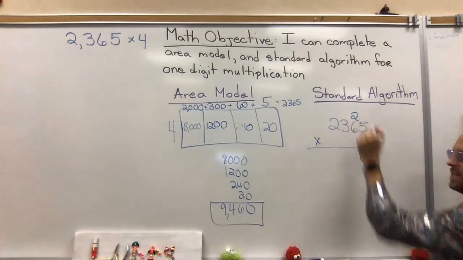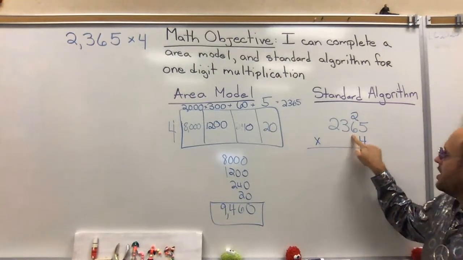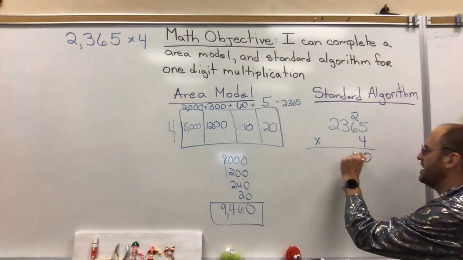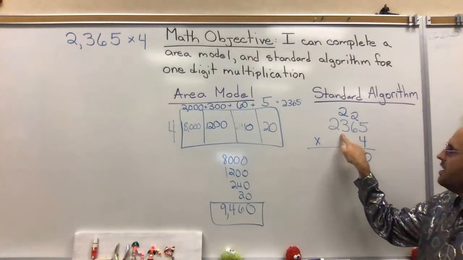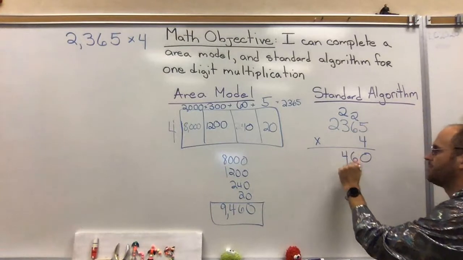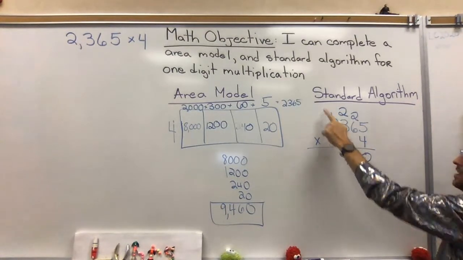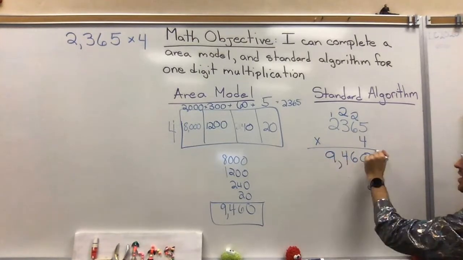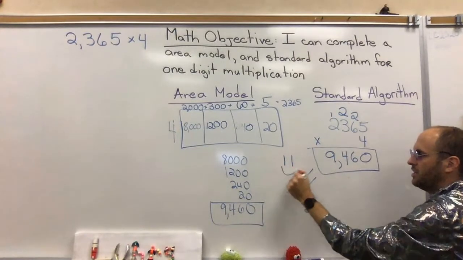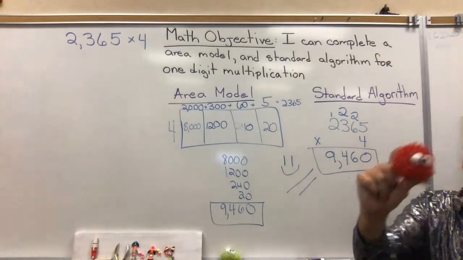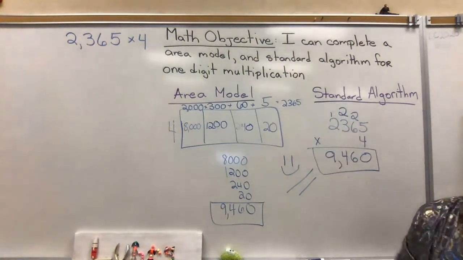We bring the 2 up to the tens place because we have 2 tens. 4 times 6 is 24, plus 2 is 26. 4 times 3 is 12, plus 2 is 14. Carry the 1. 2 times 4 is 8, plus 1 is 9. Ho, ho, it's magic, you know. And even this cool eraser is amazed by how easy that was.